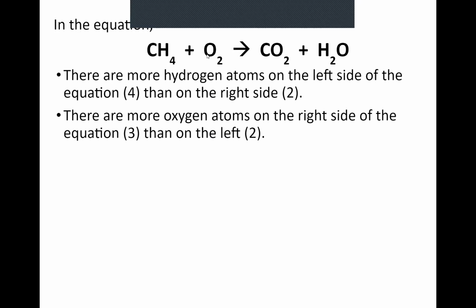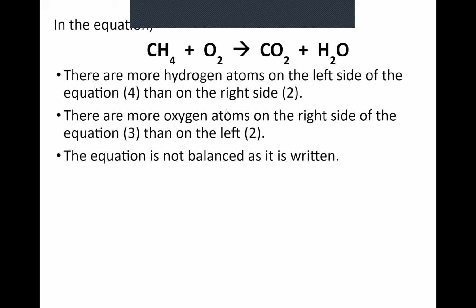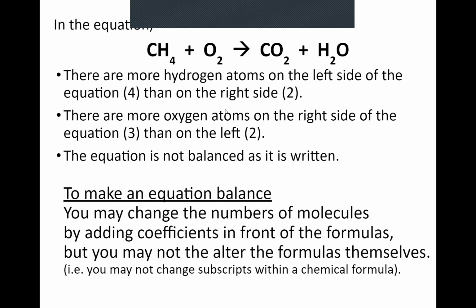There are also more oxygen atoms on the right side of the equation. If you look on the right side, there's 2 oxygens from CO2 plus another 1 from H2O. That's 3 in total, compared to the 2 oxygen atoms on the left side of the equation. Thus, we have to say this equation is not balanced as it's written, and it is not a proper equation.